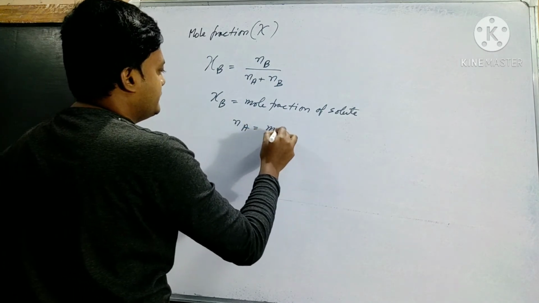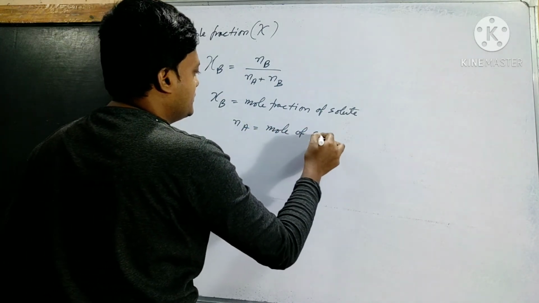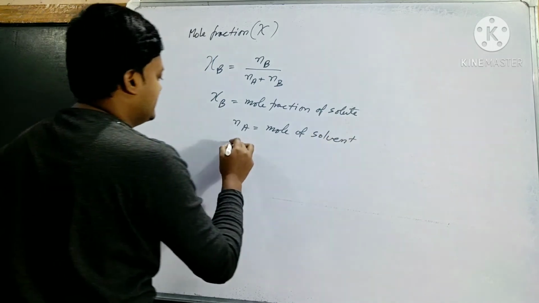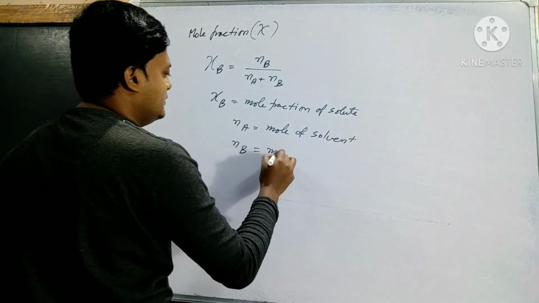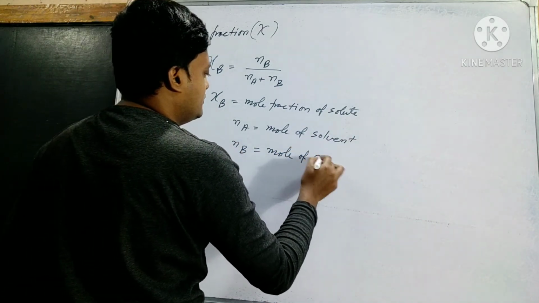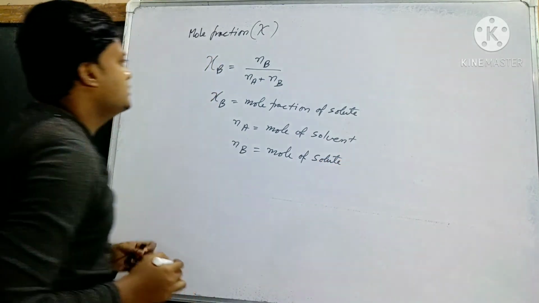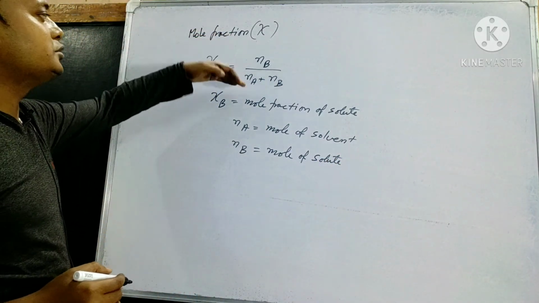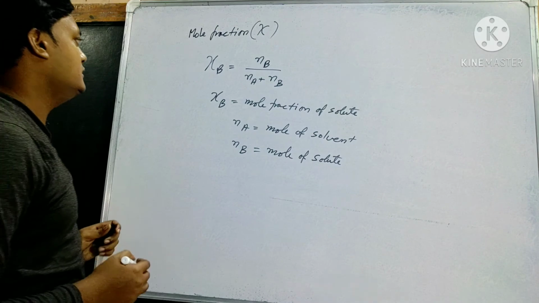NA is the mole of solvent, A is always solvent and B solute. NB is the mole of solute. So mole of solute by total mole, that is the mole fraction of solute.